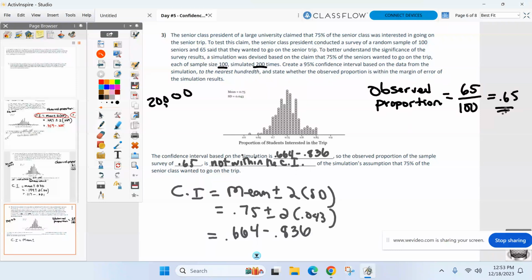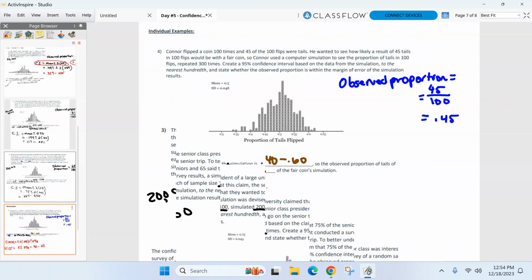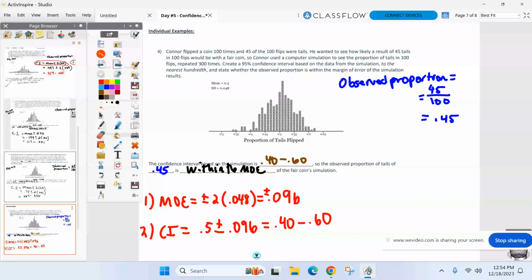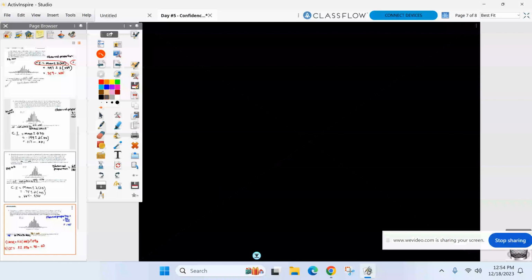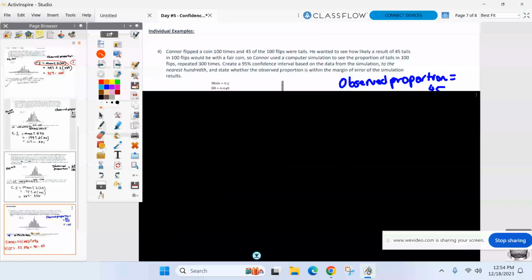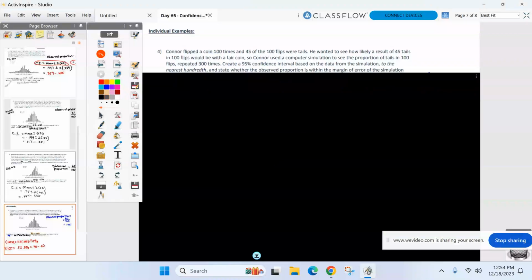All right, think you can tackle one on your own here and see if Connor's coin is good or not? 45 tails out of 100. Is that likely or not? Or does he have a weighted coin?